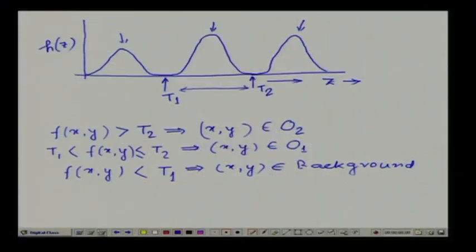Now, this thresholding operation can be considered as an operation that involves testing against a function t, where this function t is of the form t is equal to t of x y, p x y and f x y.